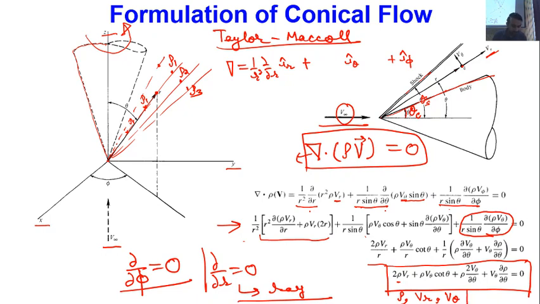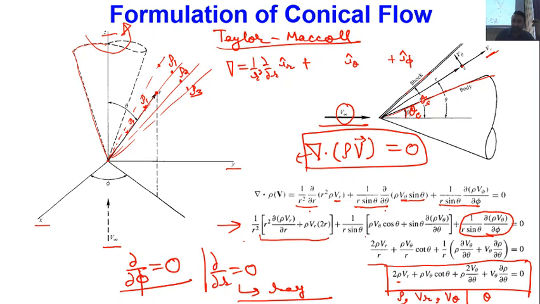And what are the independent variables over here? So the independent variable, if you see over here, is only now theta. All these parameters are actually depending upon theta only, because where we are having variation of del by del r, that also considering a rho I can equate it equal to 0.